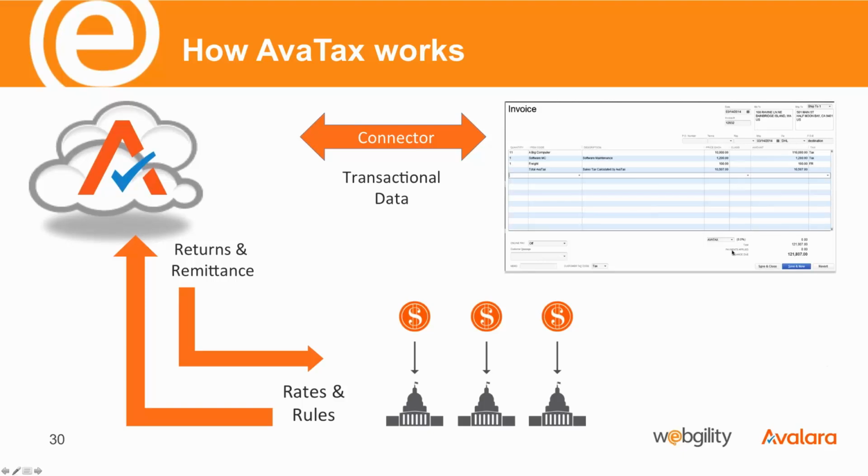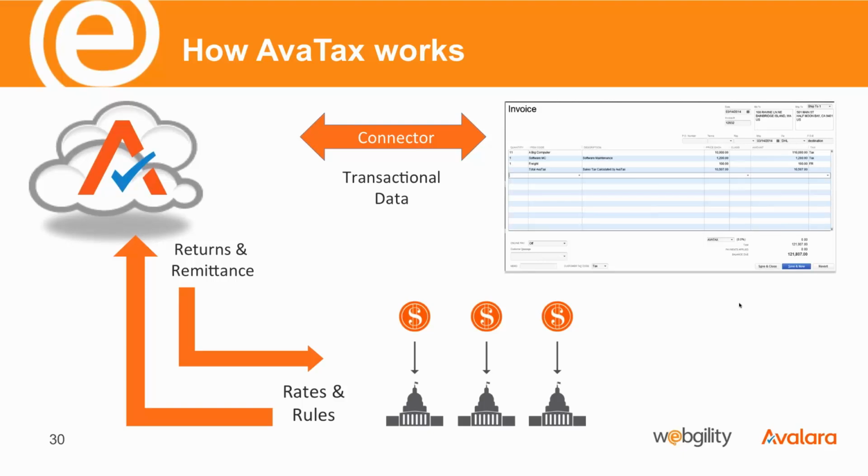And what that does is when you save the invoice, it tells QuickBooks to go look at Avalara to get the right sales tax calculation. So when this invoice is saved, it'll bundle up the information in the invoice and send it up to our system, where we will accurately determine, based upon the address, the exact tax jurisdiction.